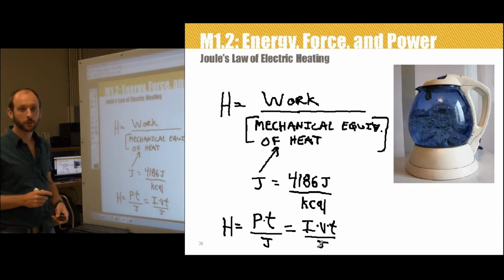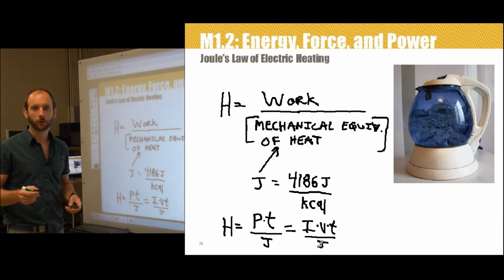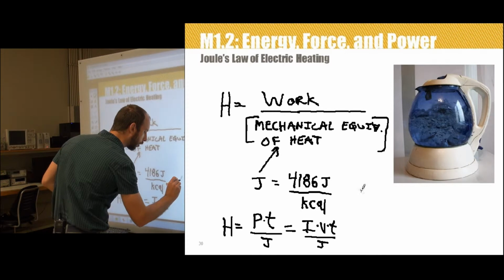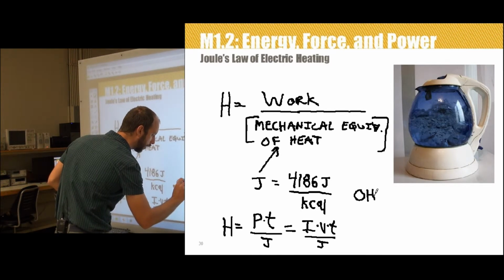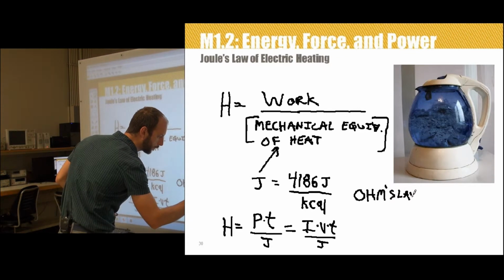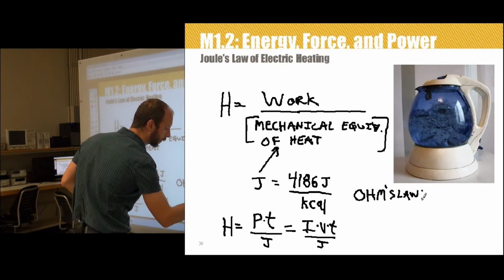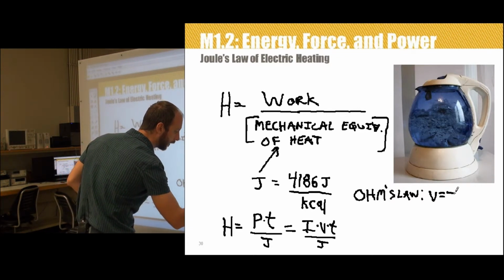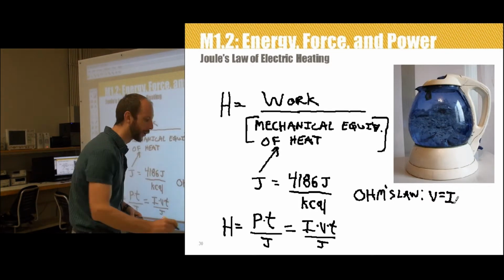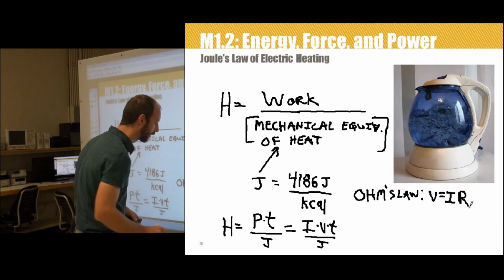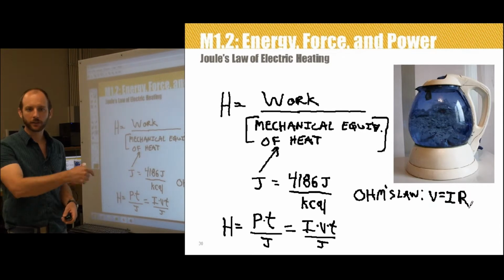We can make a further simplification of this from Ohm's law, if you recall from previous classes. And I hope you're all even ahead of me on this one. V equals, let's say it together, IR, right? Ohm's law. So we can make a substitution, right?